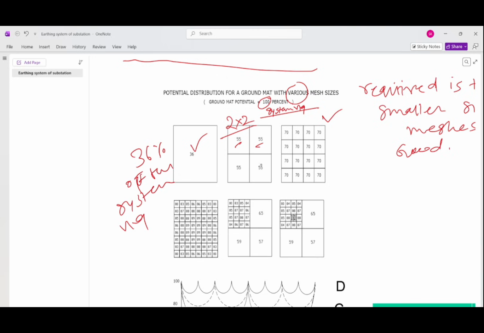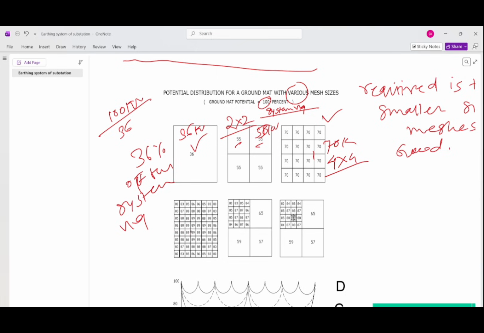Say there is 100 kV, then 36 kV will be appearing here, and here it will be 55%, meaning 55 kV will appear. Here 70 kV will appear in the case of 4 by 4, 4 rows and 4 columns of smaller meshes, 70% voltage will appear across the ground mat.